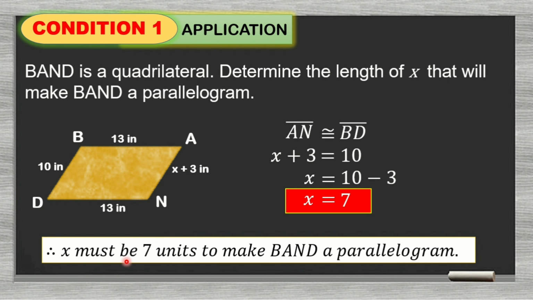Therefore, x must be 7 units to make BAND a parallelogram. So, bakit 7? I-check lang natin. Kung yung x natin ay 7, papalitan natin ng 7. So, 7 plus 3 is equal to 10, which is yun din ang measurement ng opposite side niya, which is 10 inches.